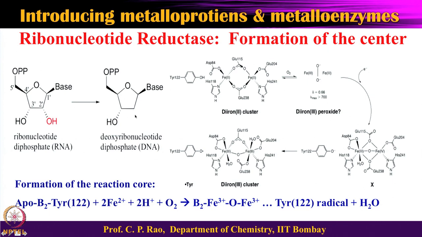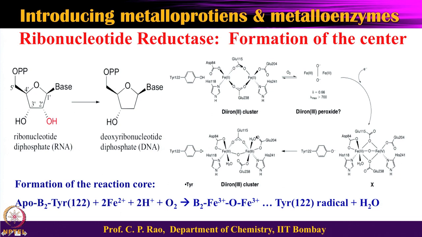So dehydroxy you can say either way too, where the OH is replaced by hydrogen. Therefore this is 2 prime deoxyribonucleotide, because the base is there and the phosphate is there, so it is a nucleotide. Okay, so this is the reaction that happens.